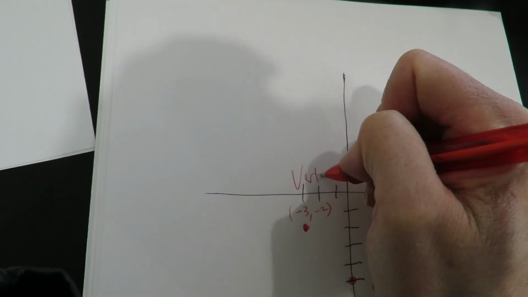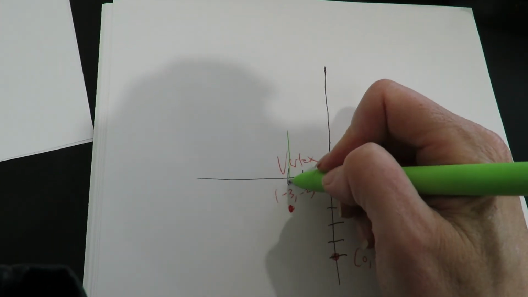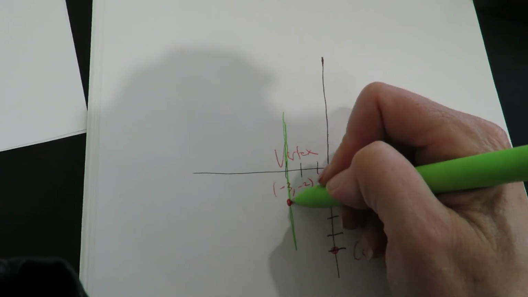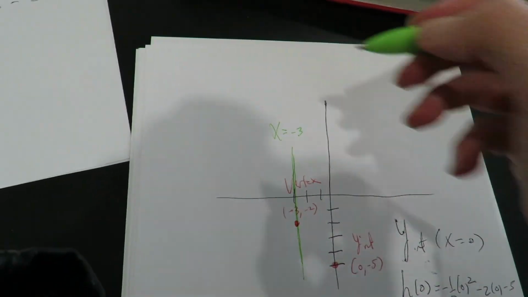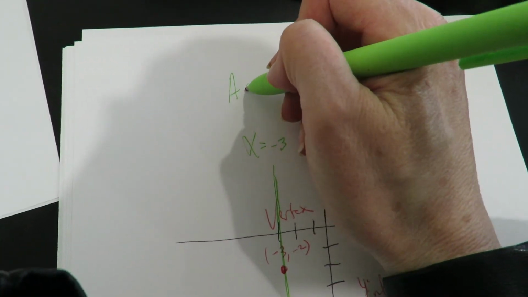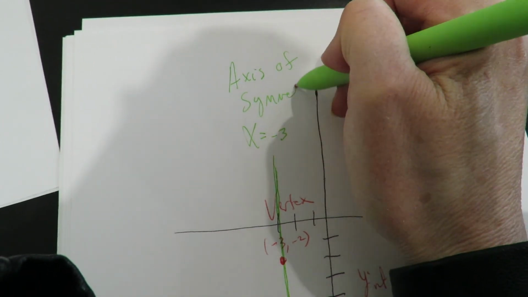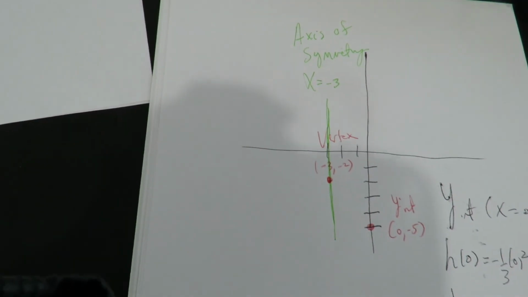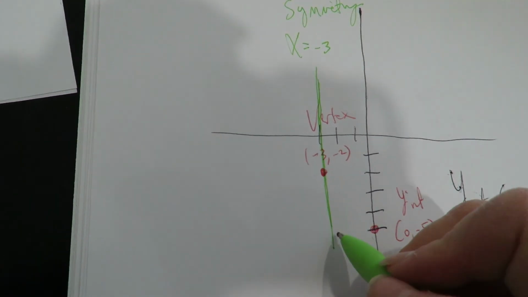This guy over here is the vertex. Alright, axis of symmetry goes right through the center. So axis of symmetry here is x equals negative 3. That's the line that's going to cut your graph in half. So we're going to use that to find the buddy of this guy.